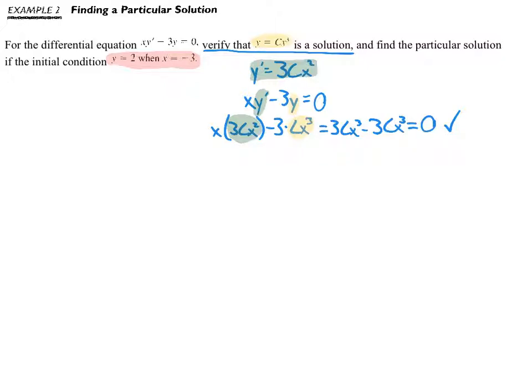So if 2 equals c times negative 3 cubed, then c equals what? 2 over 9? Cubed. Use the original y, not the y prime. So it would be x cubed.